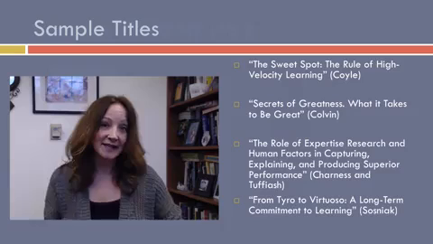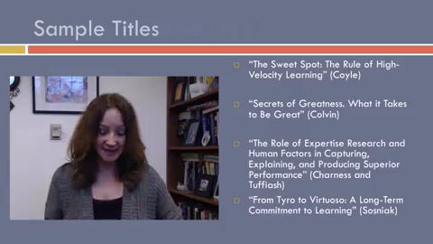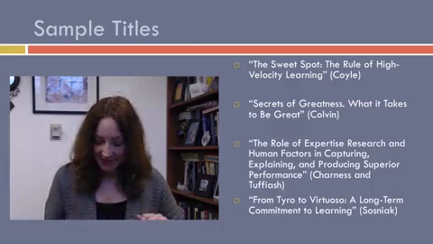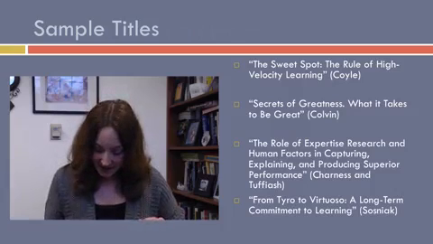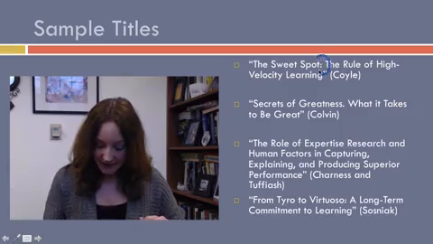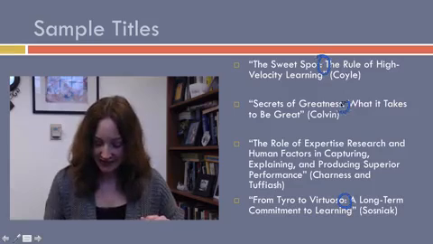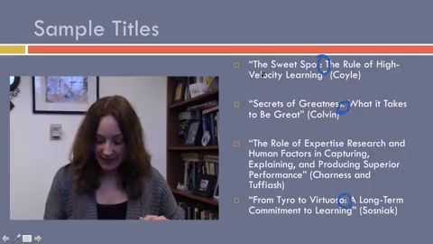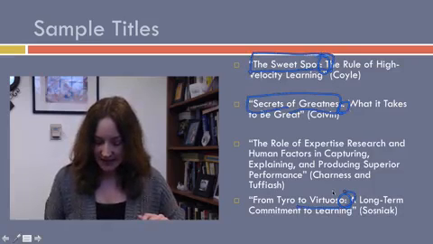Here are some sample titles that we can use to think about what makes for effective titles or not. Notice that three of them have this colon. Well, this one doesn't have a colon, it has a period. But anyways, what these three titles have in common is that they have an engaging part at the front: the sweet spot, secrets of greatness, from tyro to virtuoso.